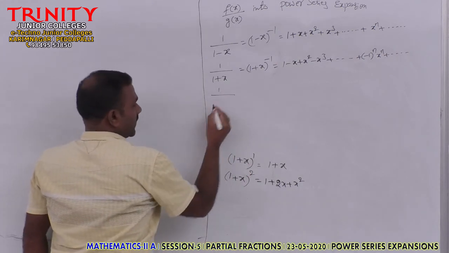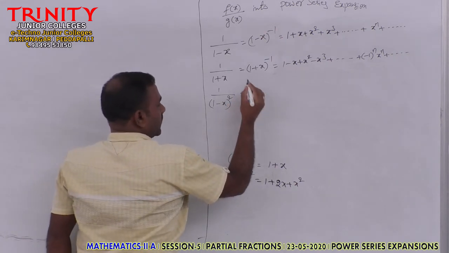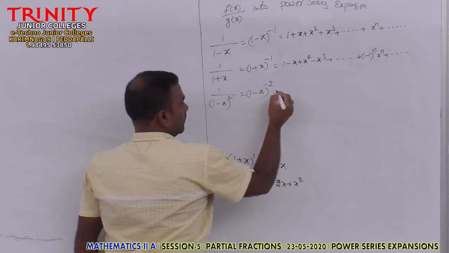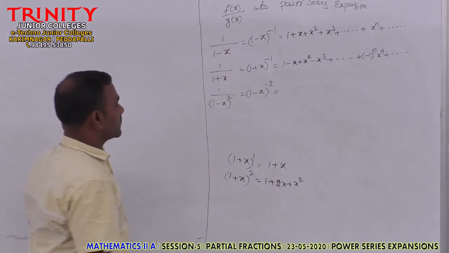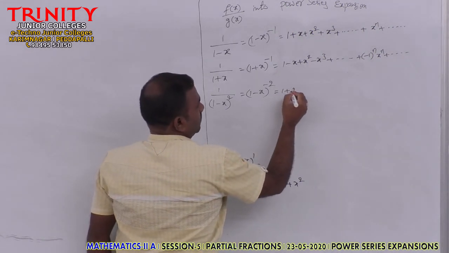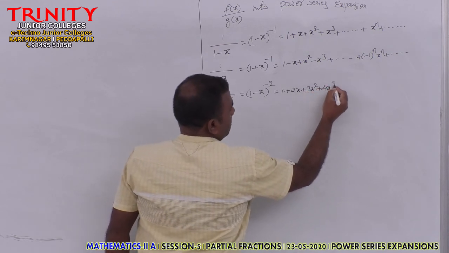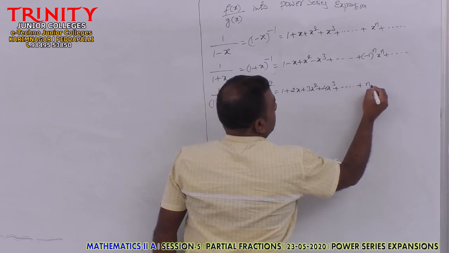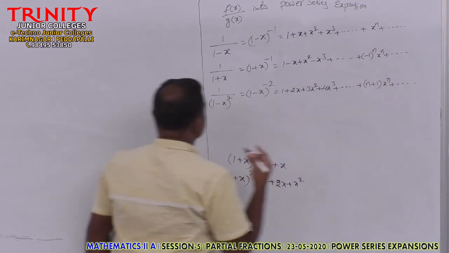Next, 1 by 1 minus x whole square can be expressed as 1 minus x whole to the power of minus 2. Already we got these forms in the last class. Recalling these forms again, 1 minus x whole power minus 2 is 1 plus 2x plus 3x square plus 4x cube plus so on plus n plus 1 into x to the power of n plus so on.